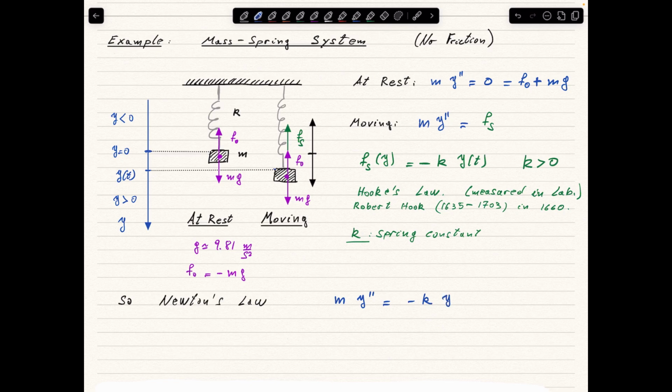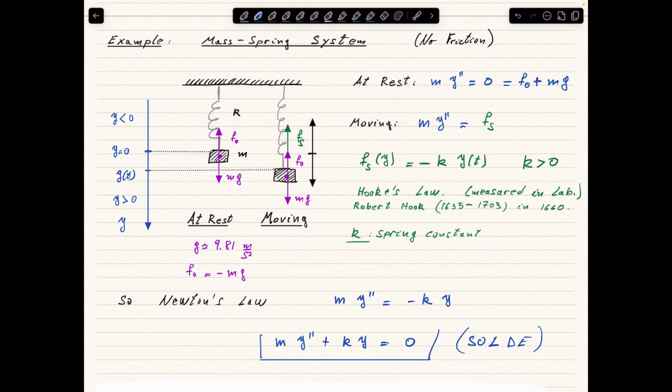We can move that term to the other side and write it as mass times acceleration plus spring constant times position equals 0. And you see, this is a second order linear differential equation.